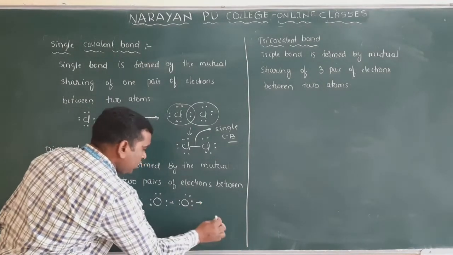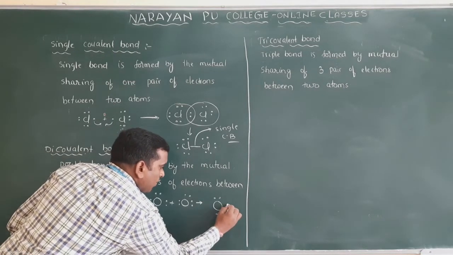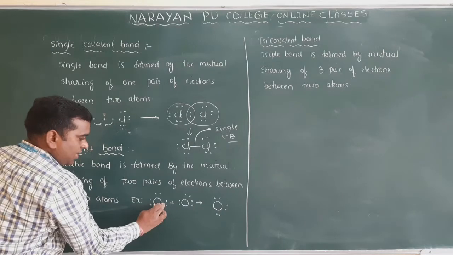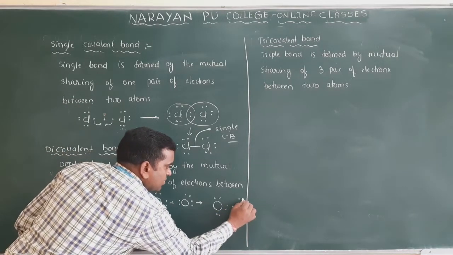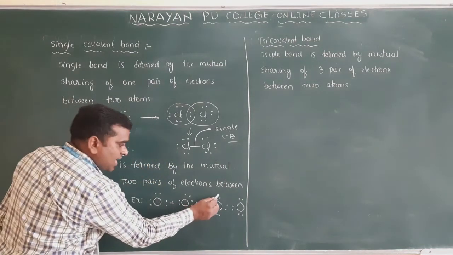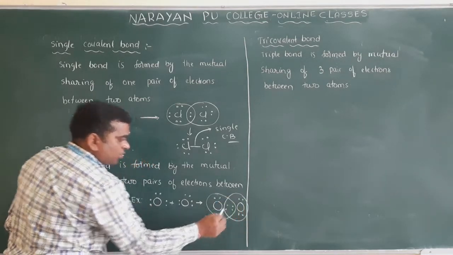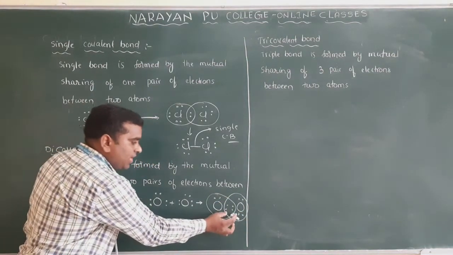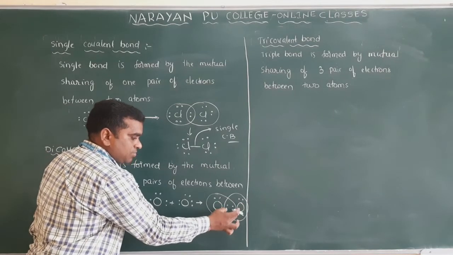You see, I will write oxygen here, and one pair and another pair. I will write this pair here, and this pair also, and here oxygen. So this is oxygen and oxygen. Clear? Now you see, this oxygen has 8 electrons, and this oxygen also has 8 electrons. But how many pairs are shared by these 2 atoms? 2 pairs.